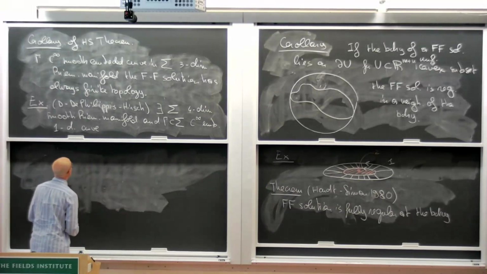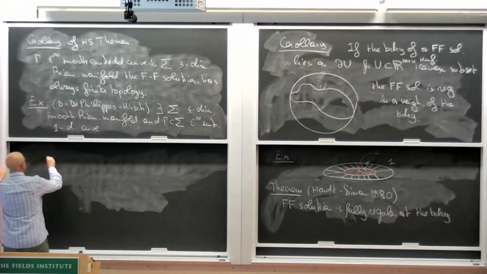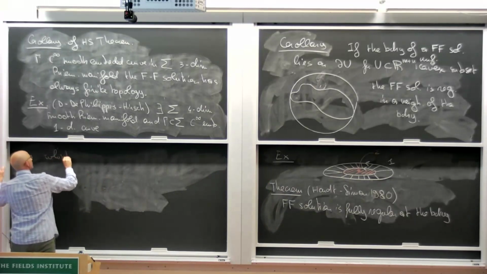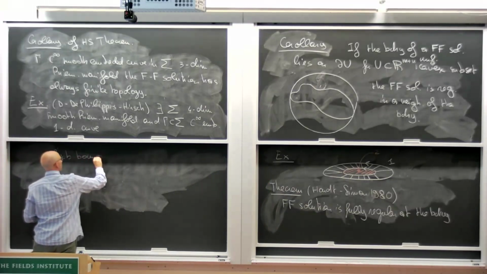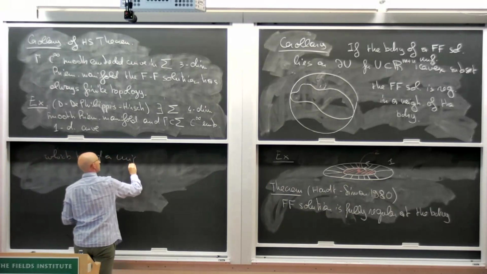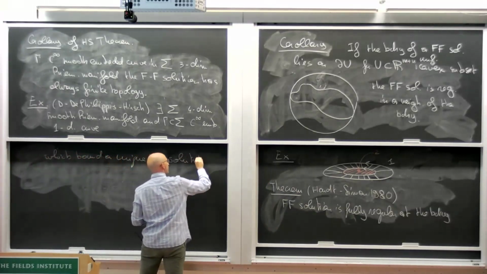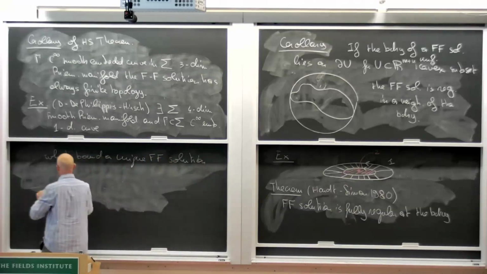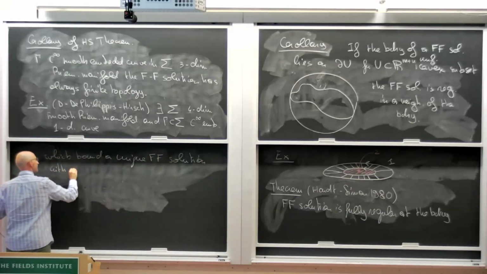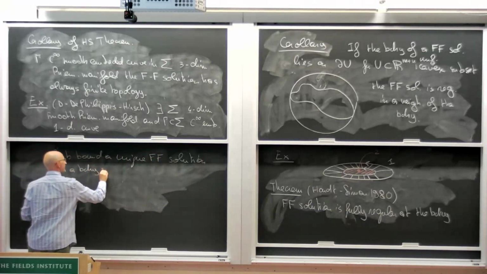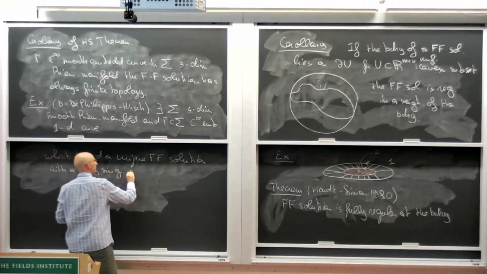Okay, so there's a one-dimensional curve which bounds a unique Federer and Fleming solution with a boundary singularity, but most importantly, infinite topology.